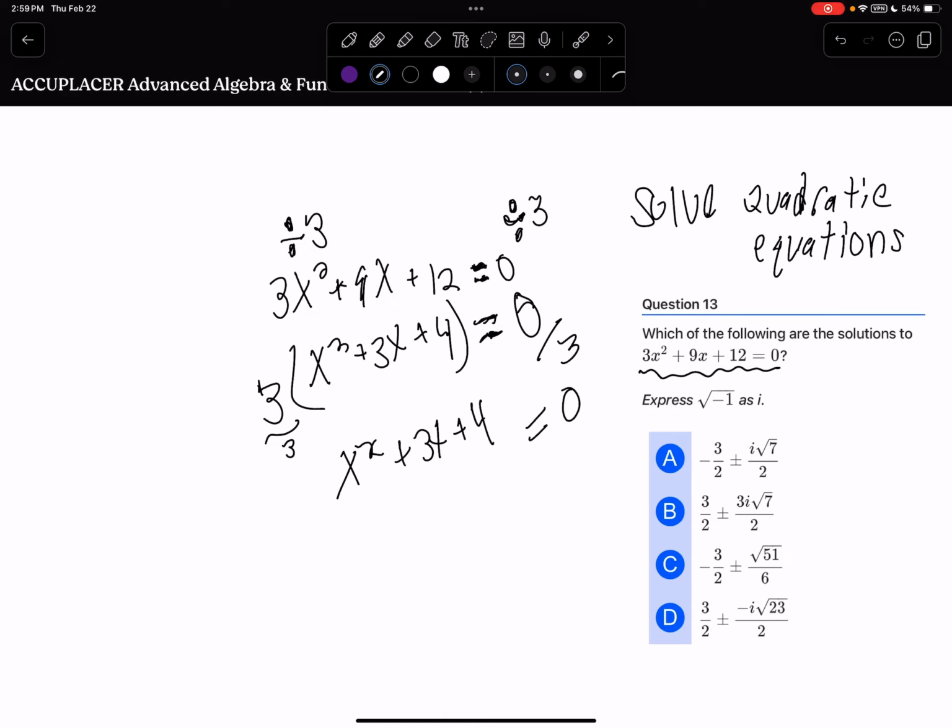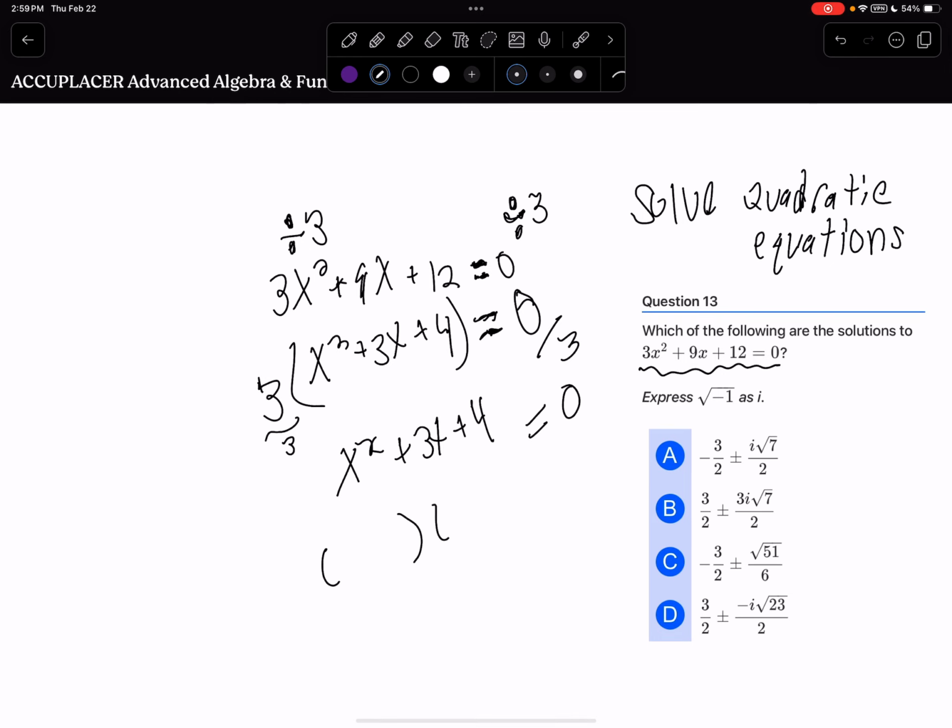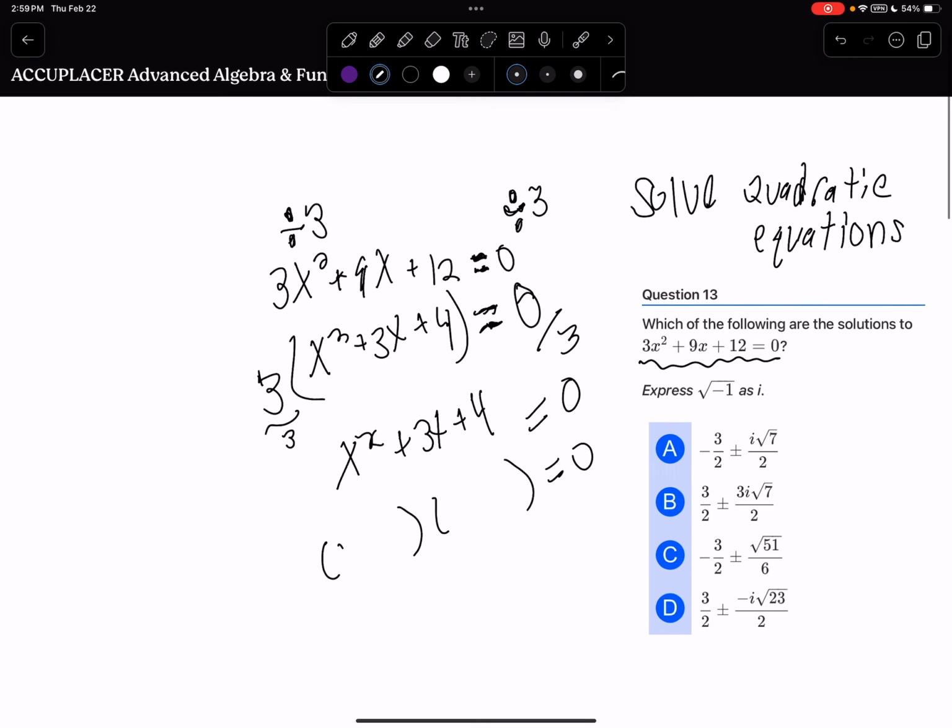Some of these you can actually just kind of do the opposite of foiling them. So I can say, well, I know that x times x, remember the FOIL, the first, outer, inner, last. X times x would give me x squared. So I'm working backwards here. This is supposed to be an x squared.